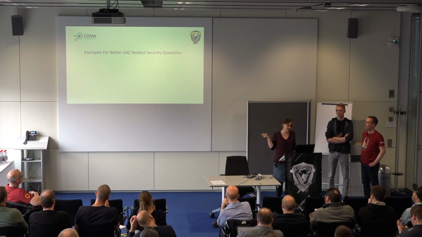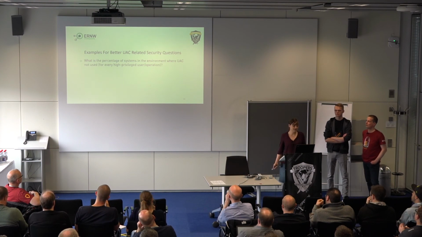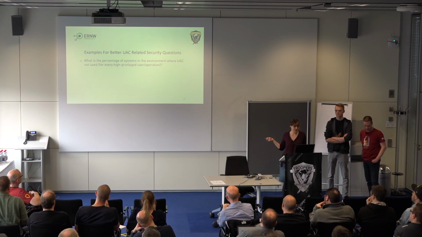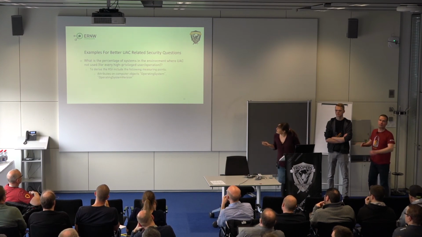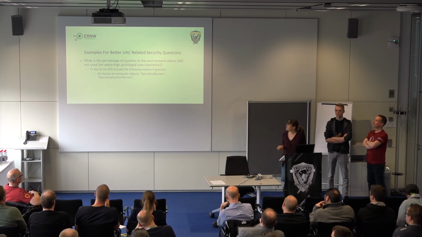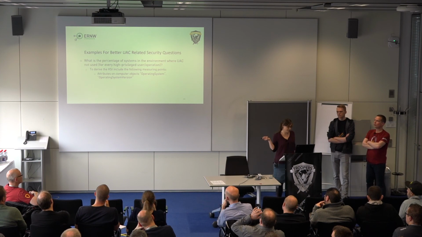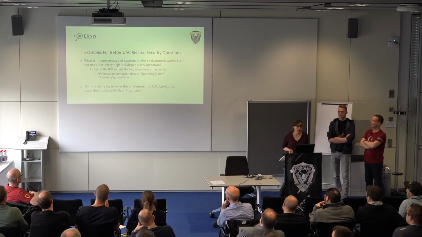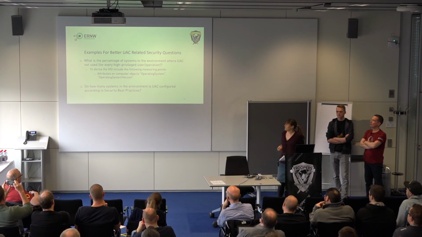How would I have made it better? There are some things you can ask sensibly. It's like the percentage of systems where UIC is not enabled. Then you have to also take other things into account to derive the KSI, like the attribute computer operating system version, or on how many systems in the environment UIC is configured according to security best practices.